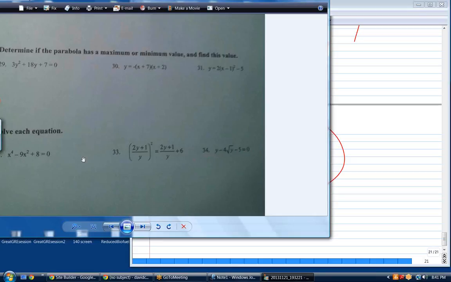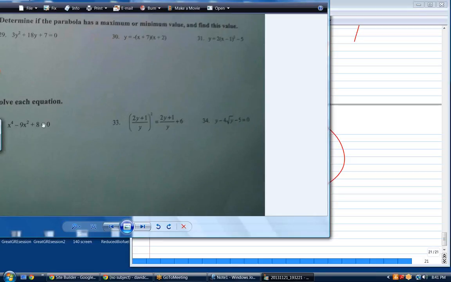Same thing with this one over here. You want to use u substitution. Same thing with this one here. What's u equal to on 33? We're going to use u substitution. What's the u going to be? 2y plus 1 over y.